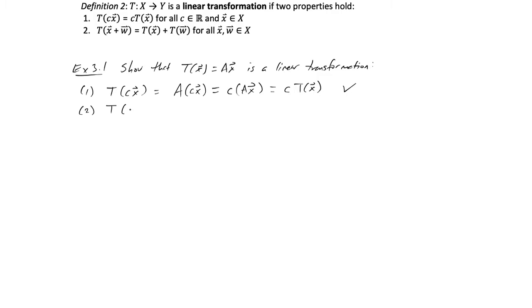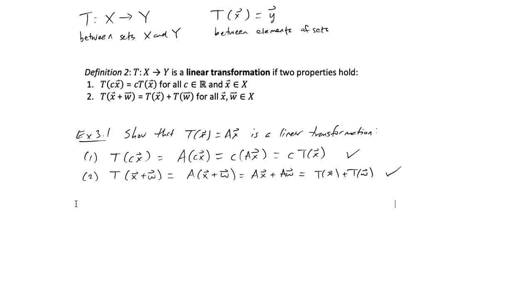And the second property is if we have two vectors, x and w, and we sum them and we transform that, then that is going to be the transformation of each of them added together. And we can see that that holds when we do matrix vector products because the matrix distributes. And we get the transformation of x plus the transformation of w. So this is indeed a linear transformation.